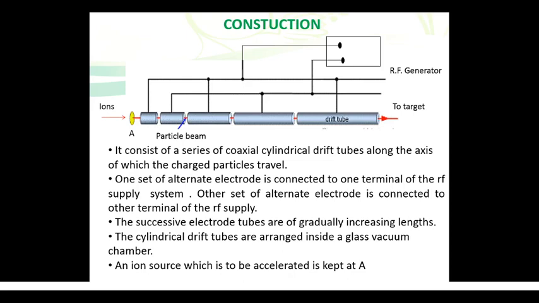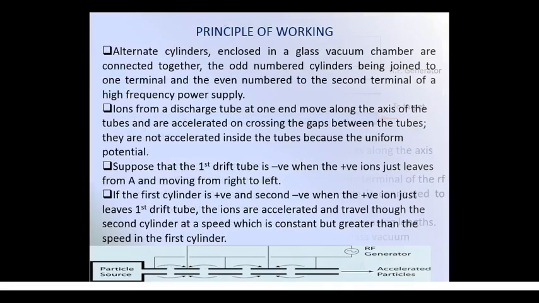As the ions travel inside the drift tube, they do not gain any energy, but the ions are accelerated only in the gaps between the drift tubes. So that is the construction as well as working of the LINAC.